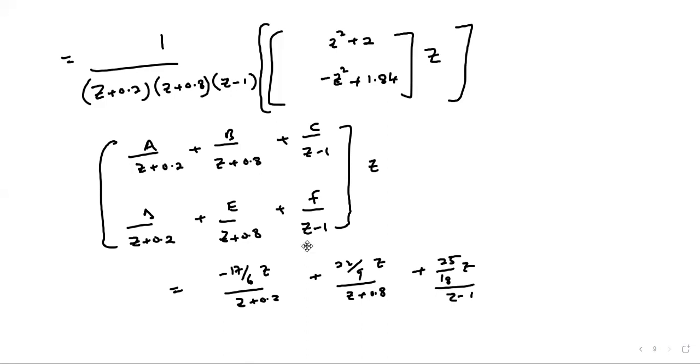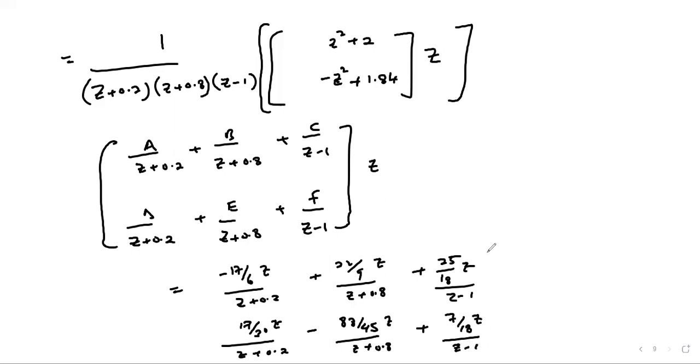Then on the second row, we'll have 17 over 30, Z over Z plus 0.2, minus 88 over 45, Z over Z plus 0.8, plus 7 over 18, Z over Z minus 1. And this is our X of Z.